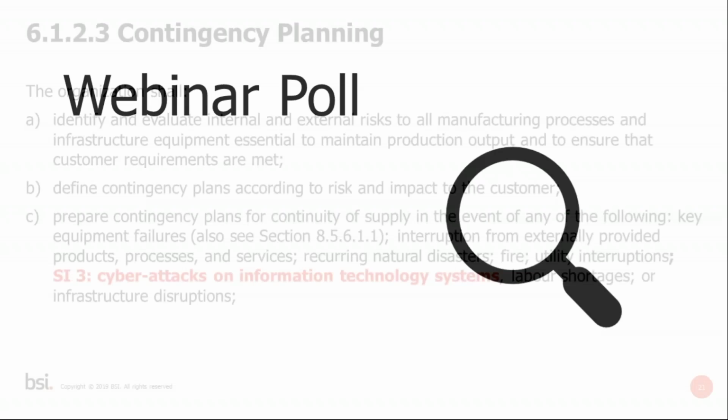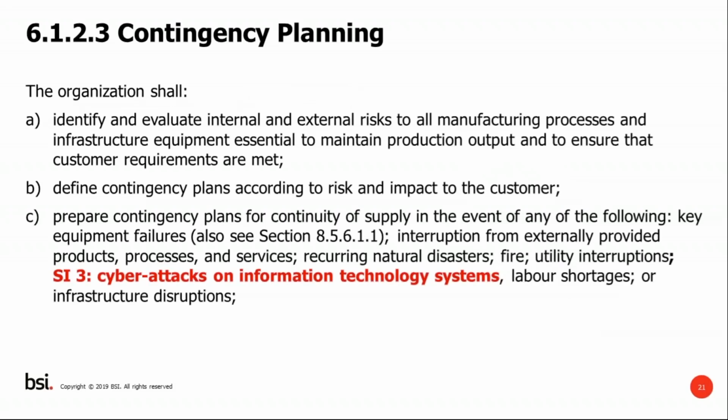So let's just pick up on contingency planning, which was the top minor non-conformity, and review the requirements in the standard. It says the organisation shall identify and evaluate internal and external risks to all manufacturing processes and infrastructure equipment essential to maintain production output and to ensure that customer requirements are met.